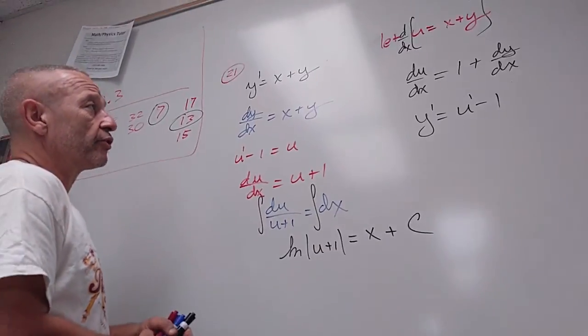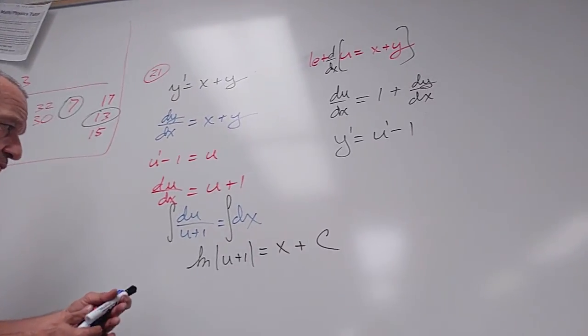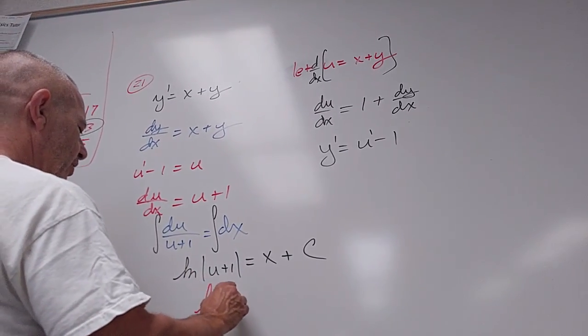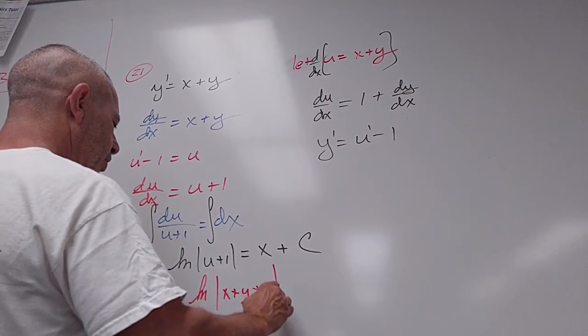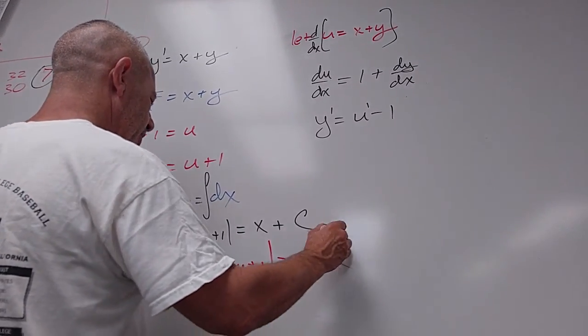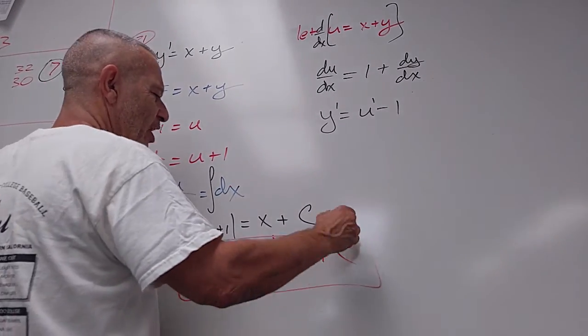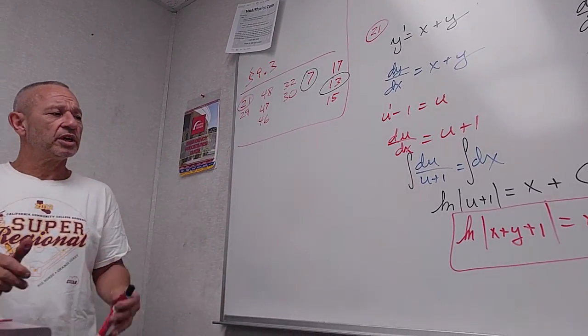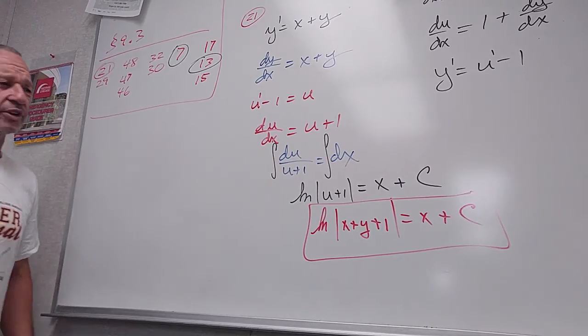I can, however, substitute in place of u. I can say ln absolute value of x plus y plus 1 equals x plus an arbitrary constant. And I can't really get rid of the absolute values because I don't know the restrictions on x and y, so it's about the best I can do there.